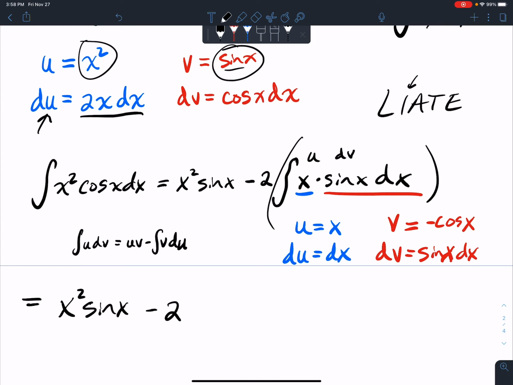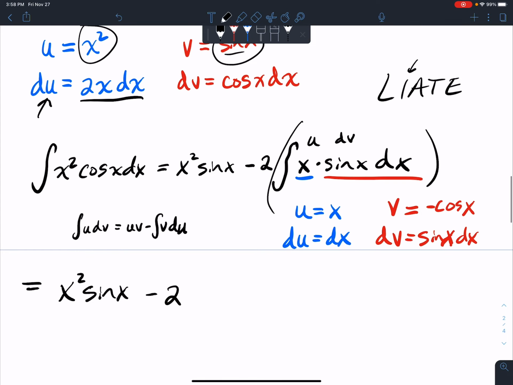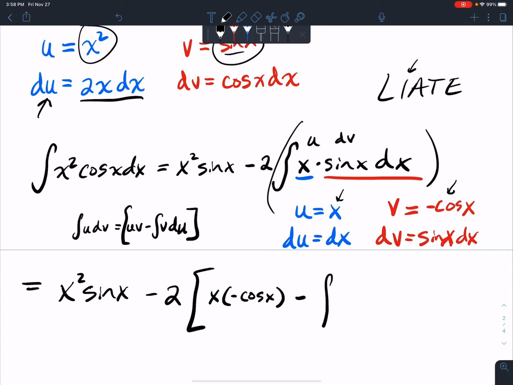So what is this going to be in parentheses here? This is going to be uv, so that's x times negative cosine x, minus the integral of v du, which is just dx.